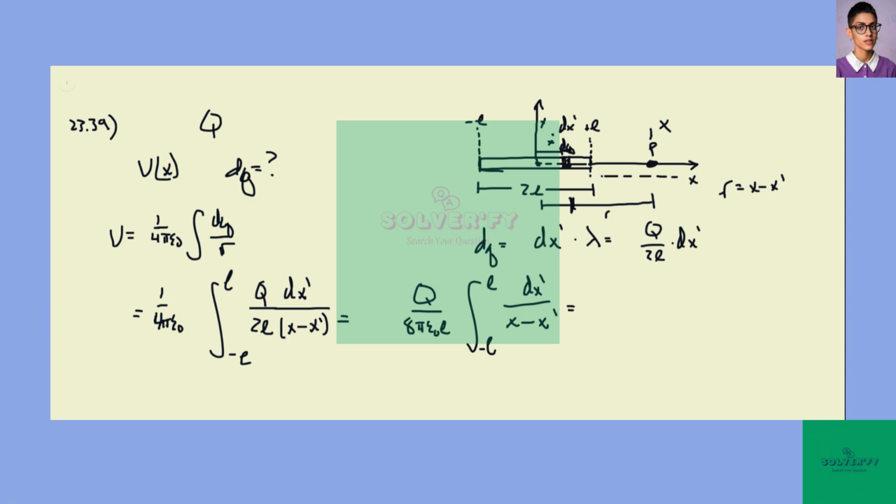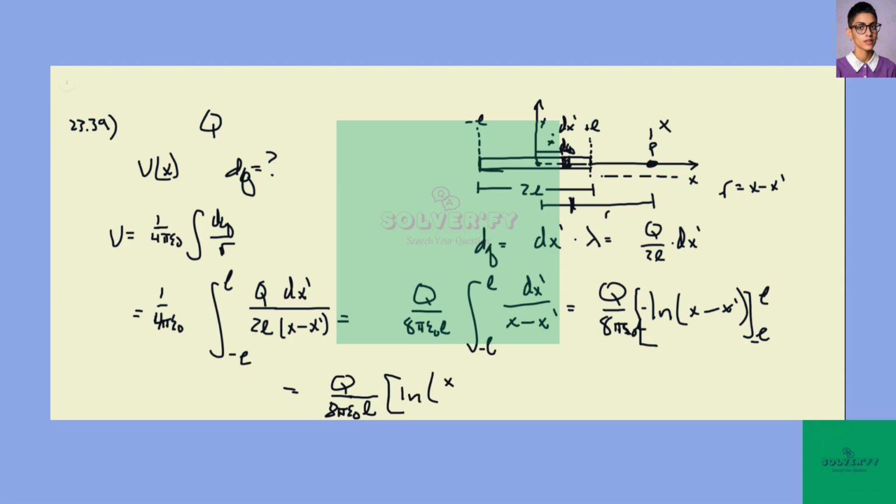We can easily integrate this, and it becomes Q over 8 pi epsilon naught L times negative ln of x minus x prime, evaluated from negative L to L. Evaluating at those points, we get Q over 8 pi epsilon naught L times the natural log of x plus L over x minus L. Awesome. This is V of x.